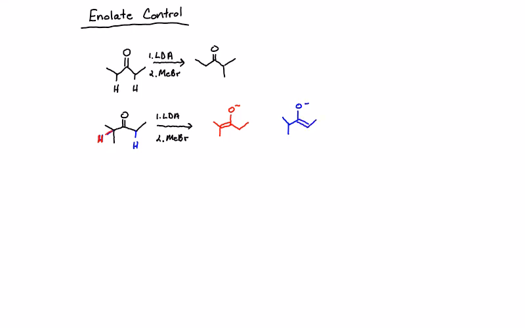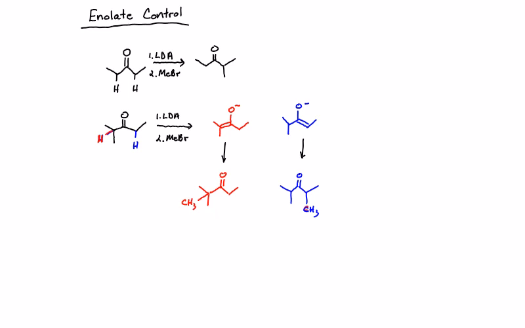And if we look at what happens after we add the methyl bromide, we can see that there are two different products that could be formed. Either we wind up putting the methyl group on the more substituted side or on the less. Again, two very different products.